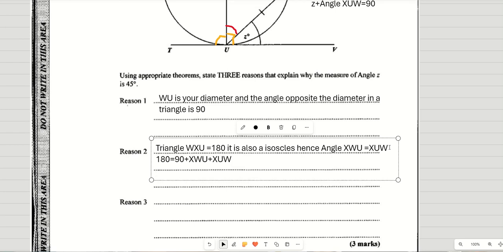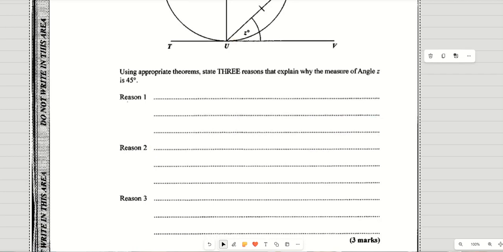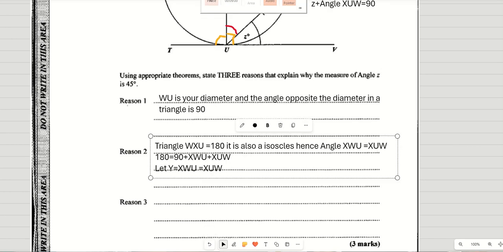Right, so let y be equal to angle XWU, which is also equal to angle XUW.